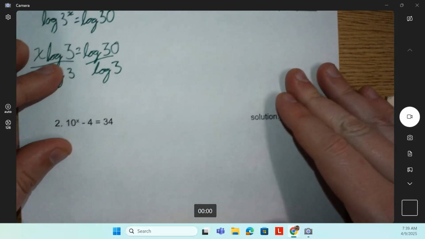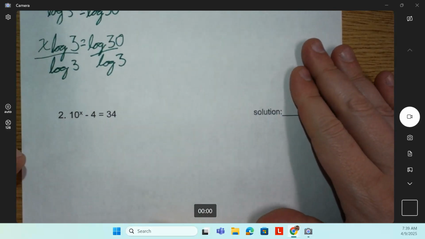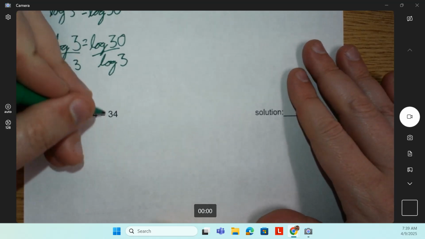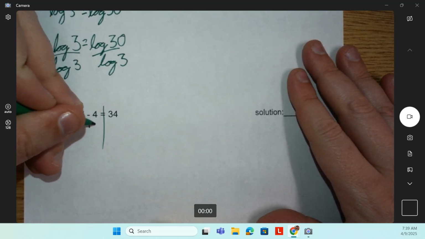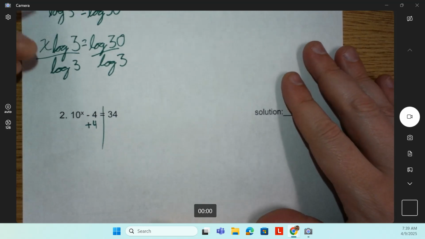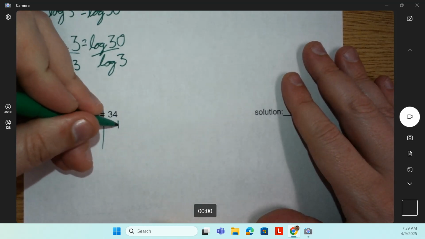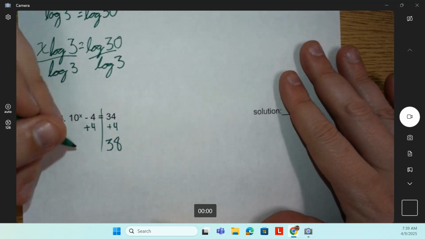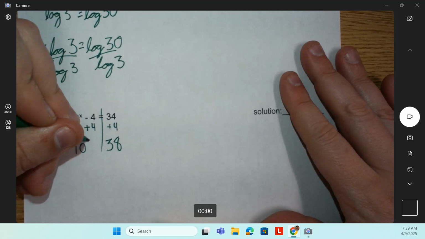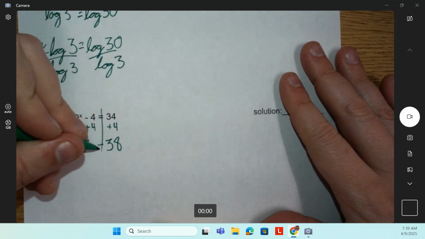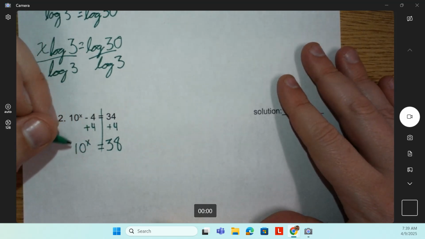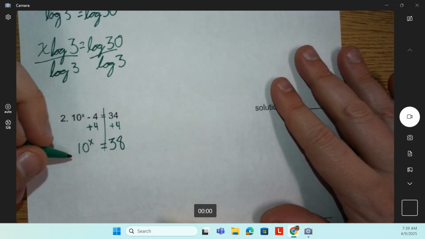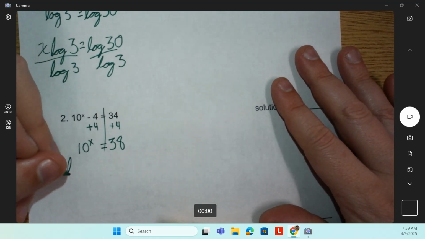All that's really being added here is a couple of algebraic steps. For number 2, for instance, I would just add 4 to both sides to get 38. So 10 to the x power equals 38, which means I'll do log of both.